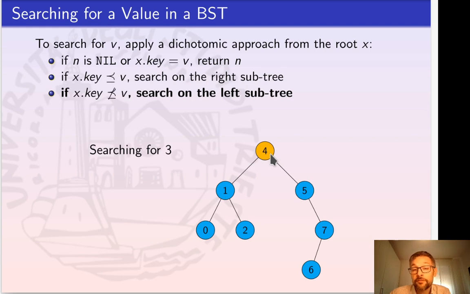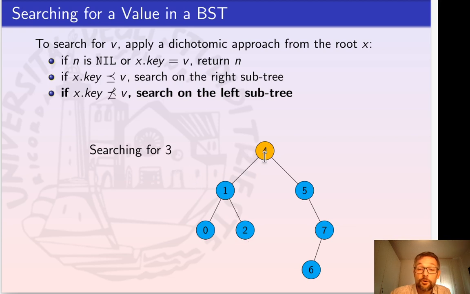Otherwise, we have to test whether the query key is greater than the node we are dealing with. If this is the case, we have to move to the right side of the tree and keep repeating on the right subtrees of 4. Otherwise, we keep moving on the left subtrees of 4.